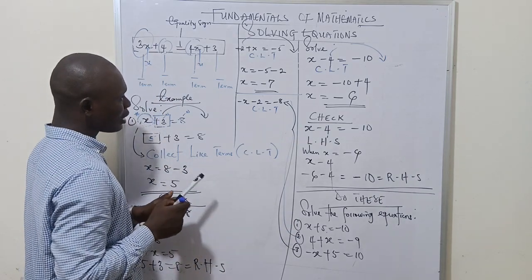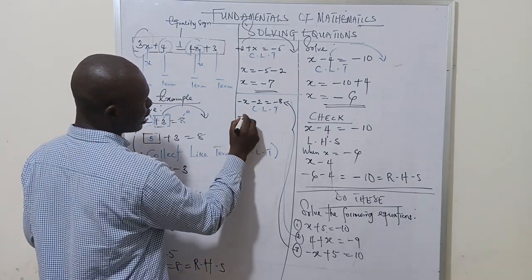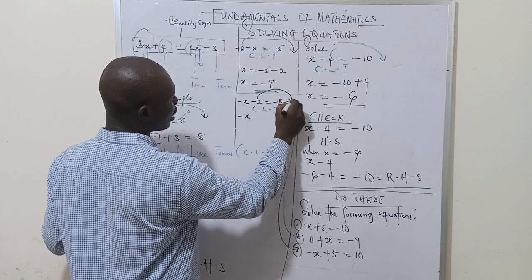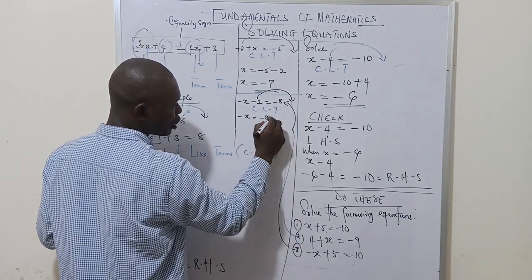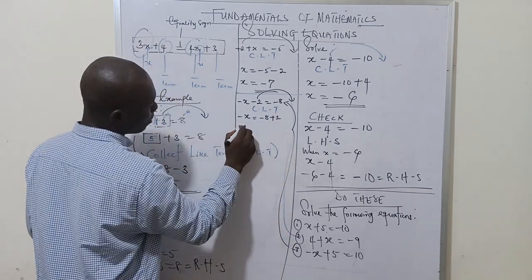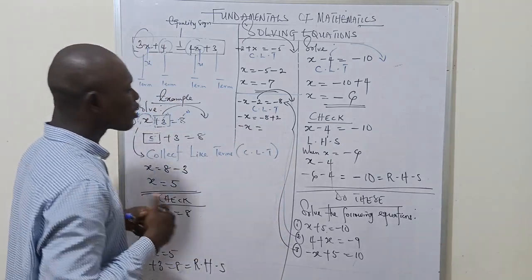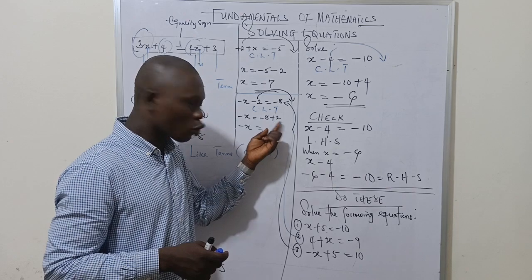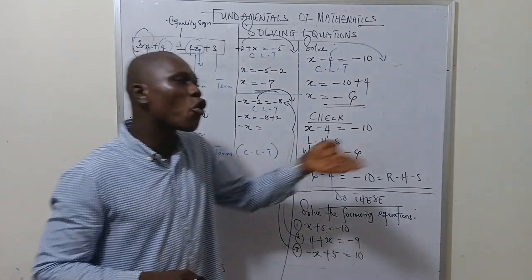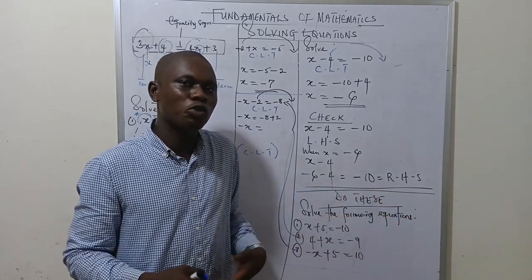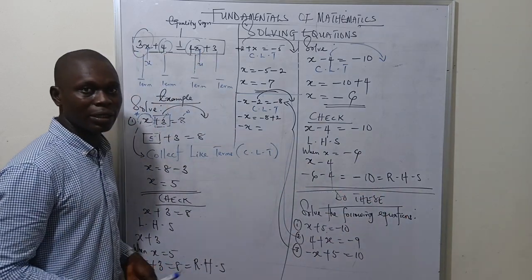When you collect the like terms here, you have your minus x here. This minus 2 is coming here, and at the back of the minus 8 it changes to plus 2. So I have minus x equals minus 8 plus 2. Minus 8 plus 2 will give me, I'm owing 8 naira and I return 2 naira, I'm still owing.